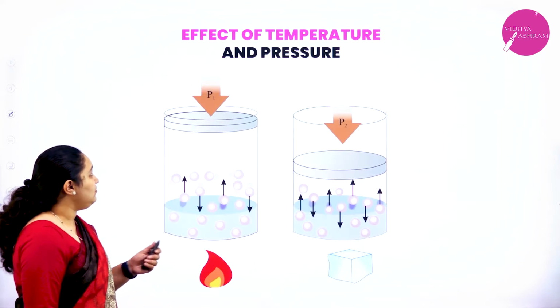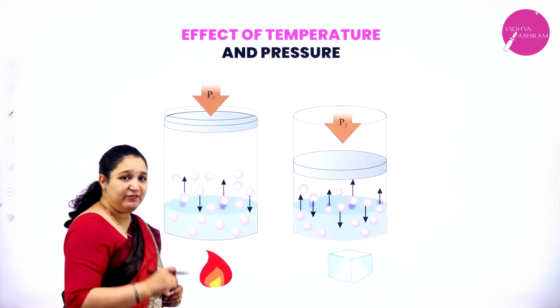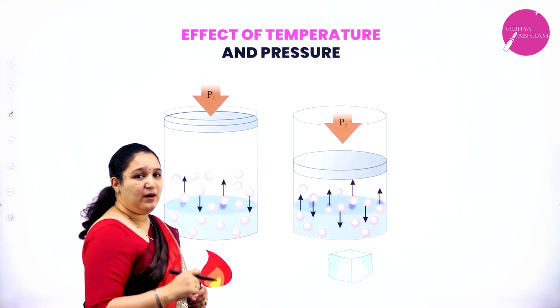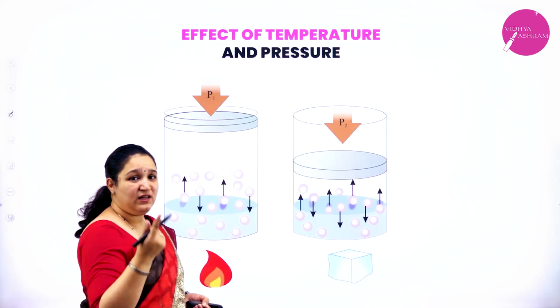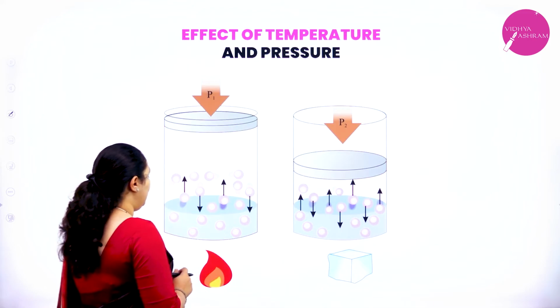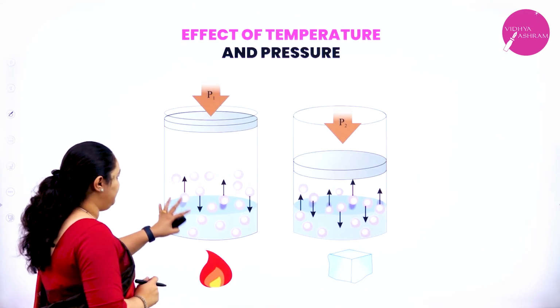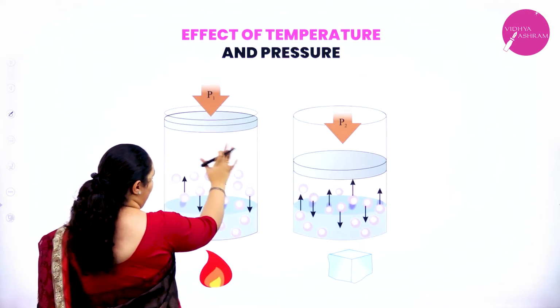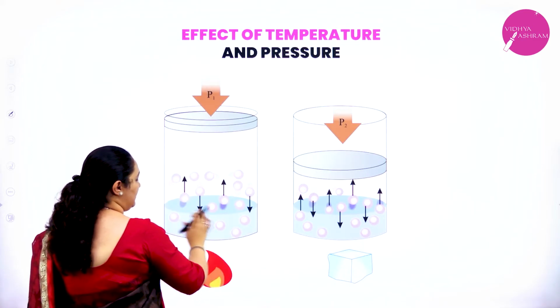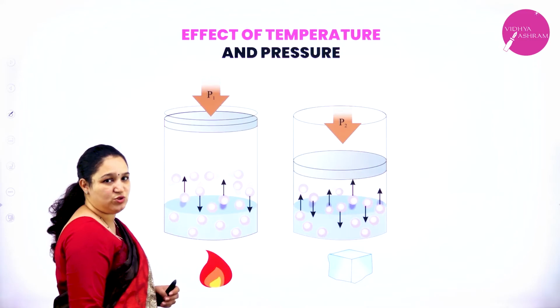Next, we learn about the effect of temperature and pressure on the solubility of a gas in a liquid. Here I have shown pressure P1, I have my gas particles in the vapor phase, and some gas particles which are dissolved in the solution phase.